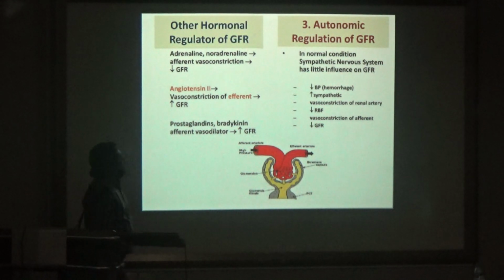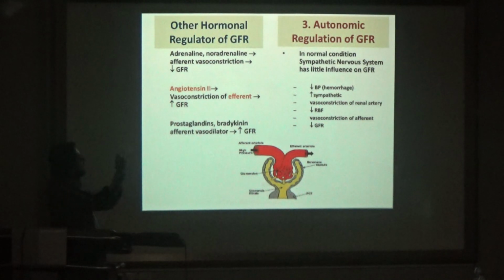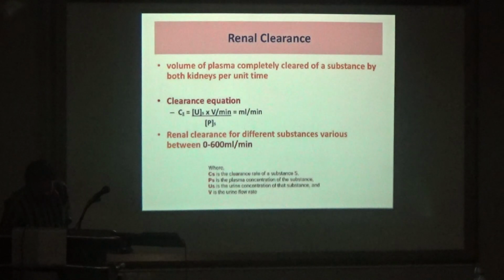Autonomic regulators of GFR: what happens if blood pressure is low, if renal blood flow is low, if sympathetics are high. All of these can be correlated. If I constrict the efferent, does the afferent relax? No, it remains the same.